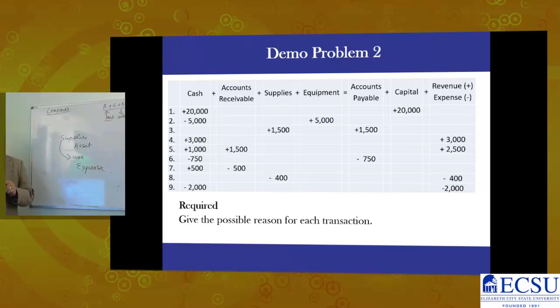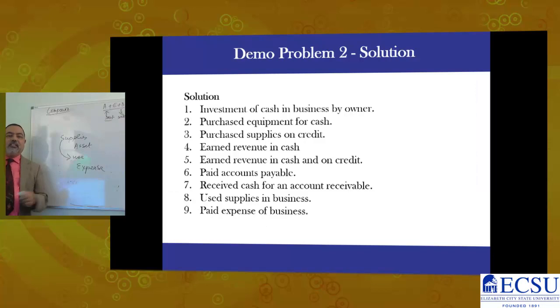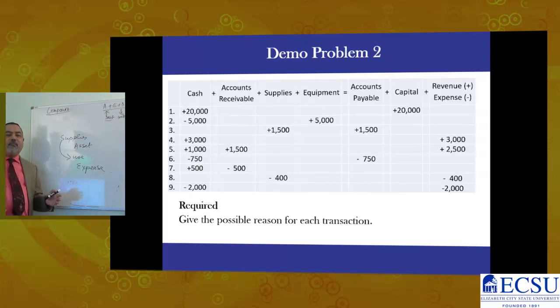And the last one is cash paid 2,000, and it would have been paid for some expense. So those are your possible reasons. You can see number 1, investment of cash in business by the owner. Number 2, purchase equipment for cash. Number 3, purchased supplies on credit, earned revenue in cash. And you saw in number 5, there were 2 items, 1,000 and 1,500.